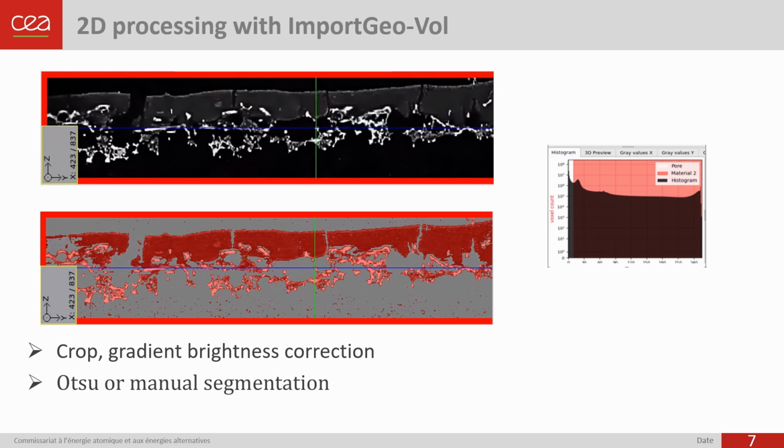And when we are satisfied with the quality of the images, we can make the segmentation. We can do automatic segmentation like Otsu segmentation, or also select manual segmentation, because we have to separate air pixels from carbon pixels, which has been obtained after the tomography.